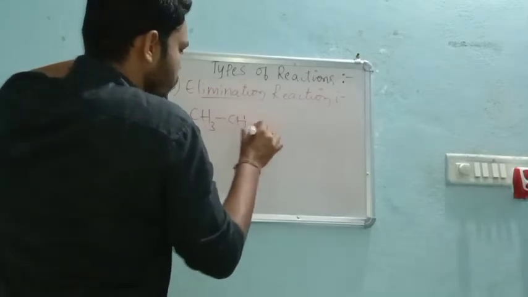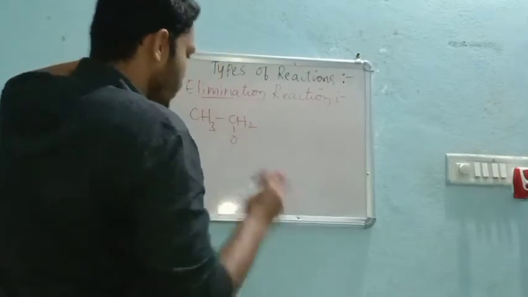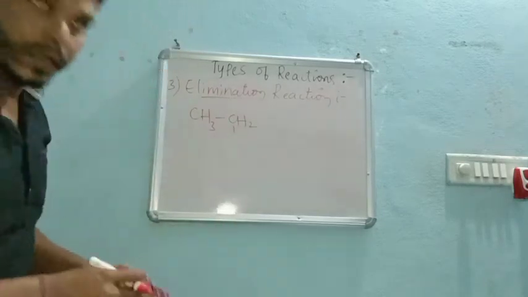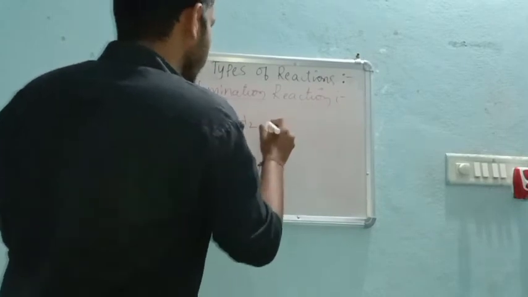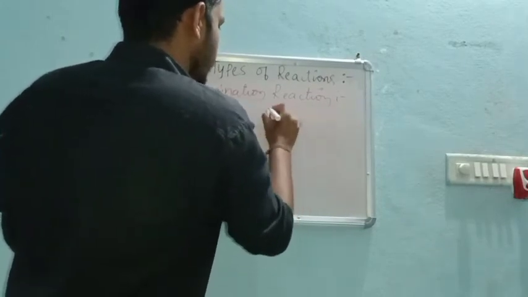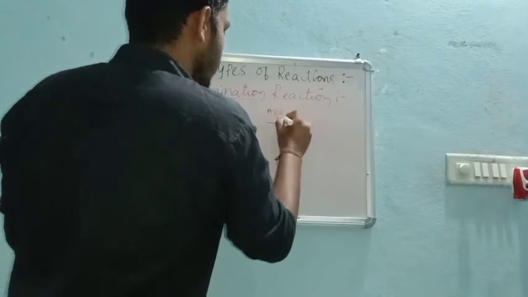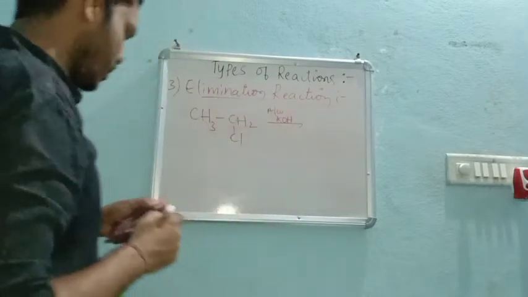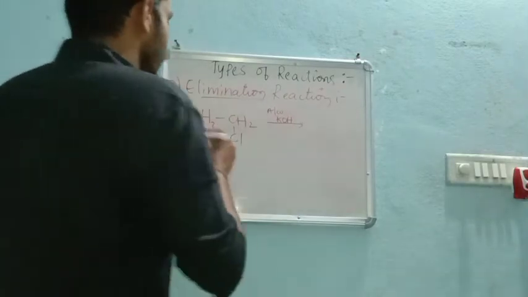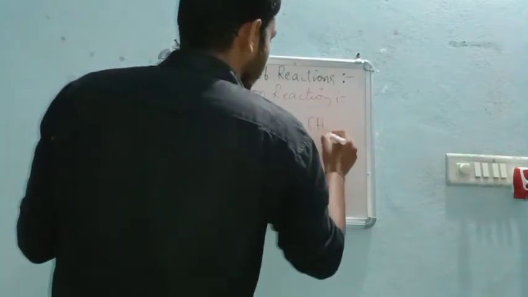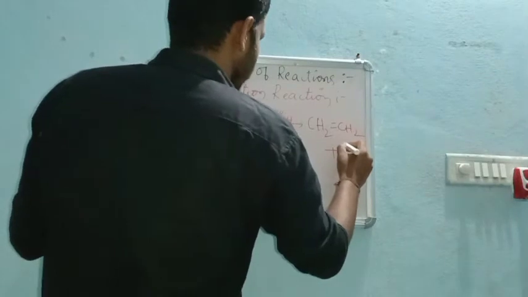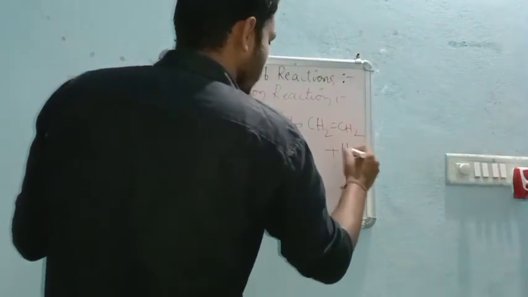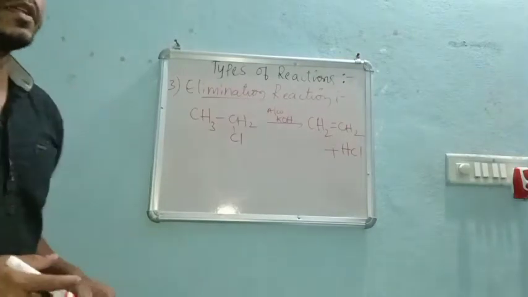CH3CH2OH, or else you can say it here, CH3CH2Cl in the presence of alcoholic potassium hydroxide. I will say what alcoholic potassium hydroxide is. So now the reaction becomes, the product we get is CH2=CH2 plus HCl, right?